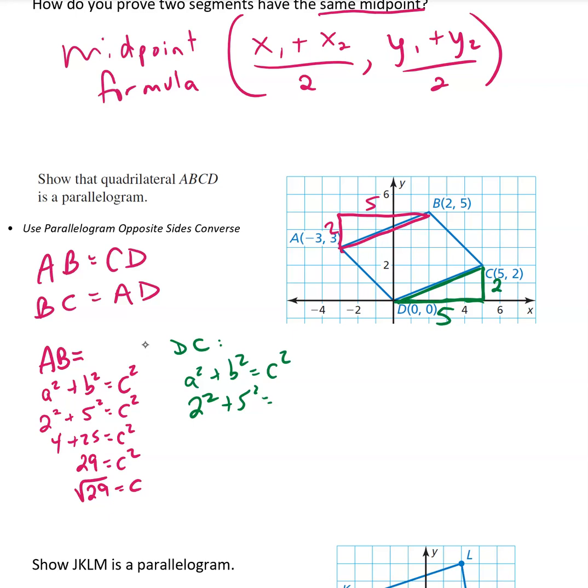And you'll see that this looks very much the same, so we know it's going to end up the same, but we're proving that we have the math to back it up. So the square root of 29 is equal to c. So we see that AB and DC are both the length of the square root of 29, so they are congruent.